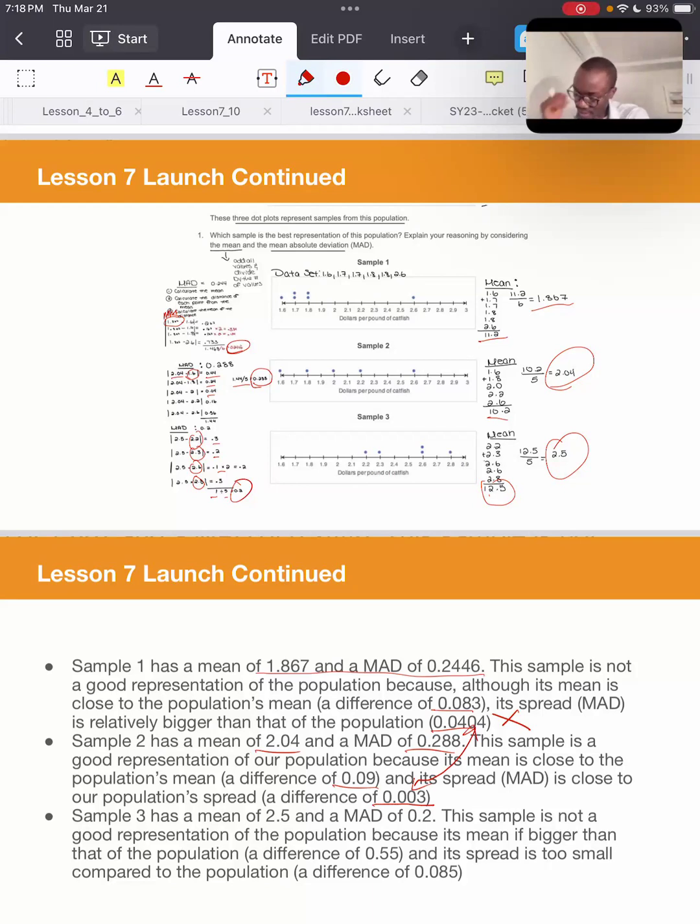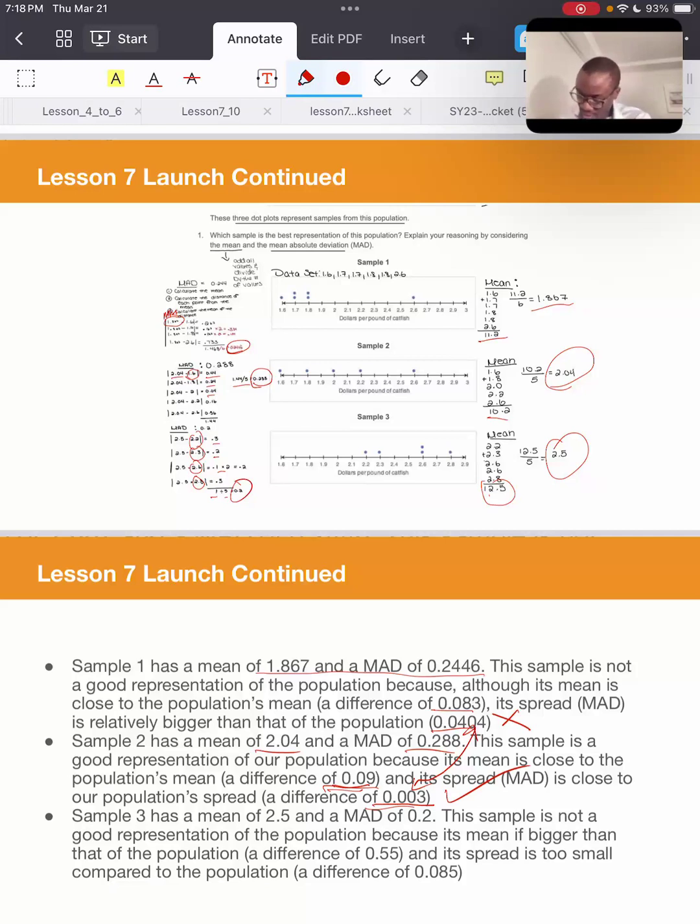So this sample is more likely to be representative of the population. Why do I say that? It's because the difference between the mean of the population and this sample is small, only 0.09. That is very close to the mean of the first sample, but its mean absolute deviation is even smaller. For that reason, this sample is likely to be a more representative sample.